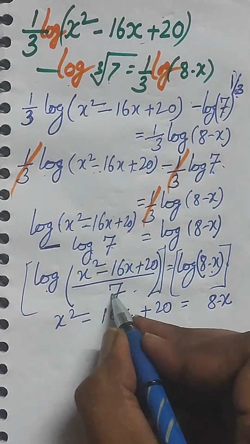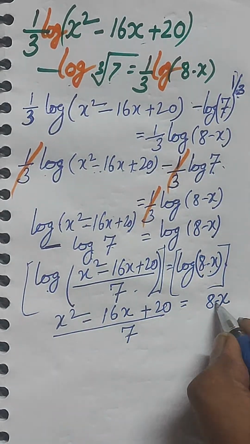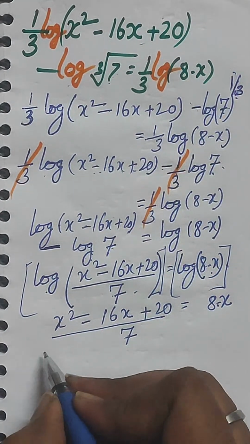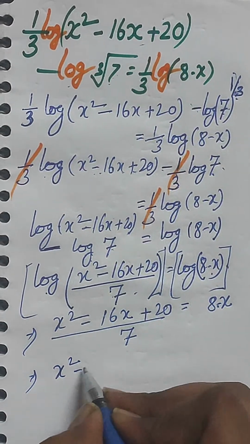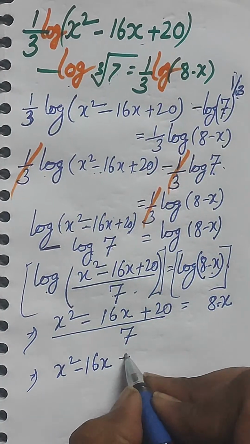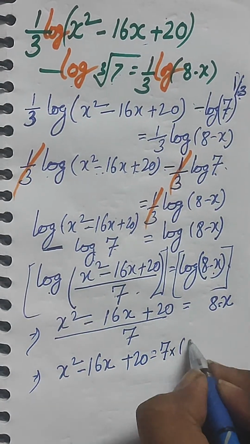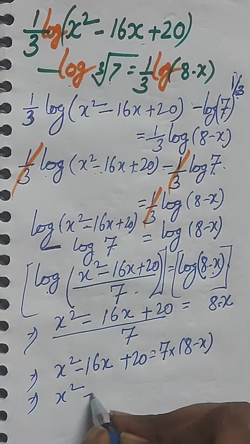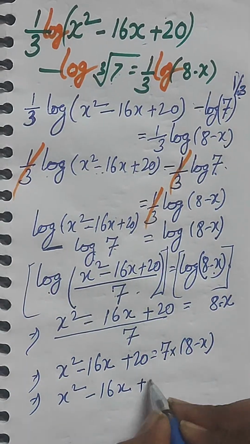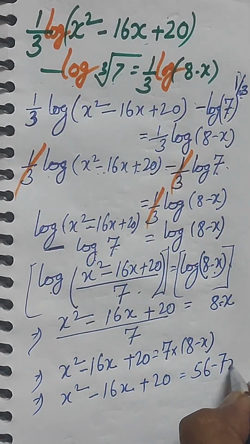When this 7 is pushed into the RHS, we have x square minus 16x plus 20 is equal to 7 into 8 minus x. So this gives x square minus 16x plus 20 is equal to 56 minus 7x.